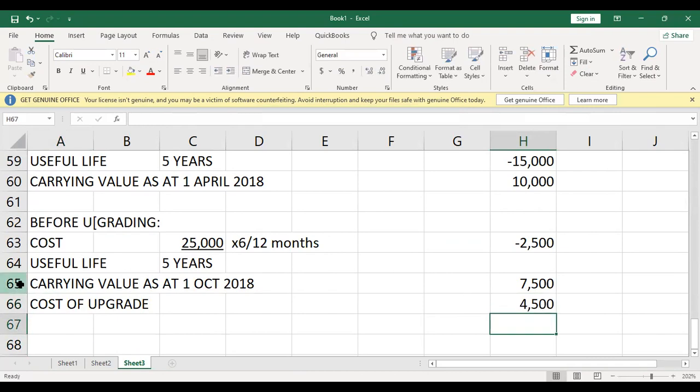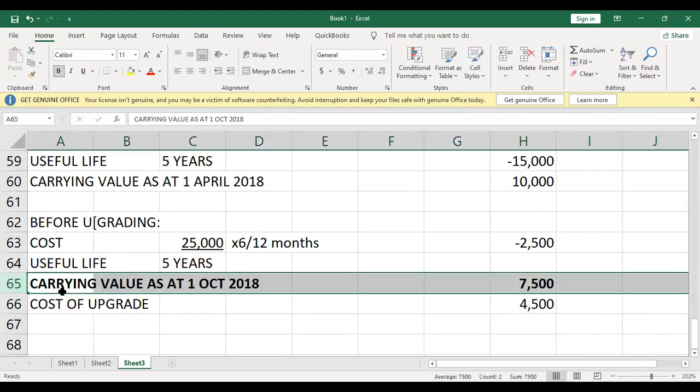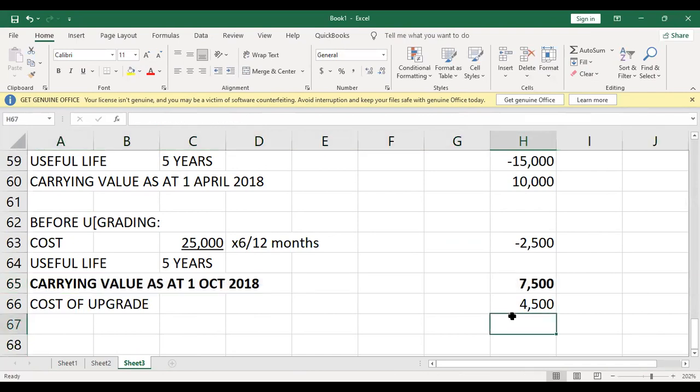So adding, what do we have now? 12 million, 5,000. All right, so this is the revised carrying amount.